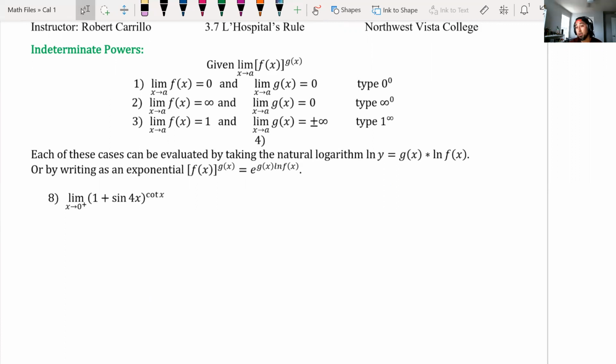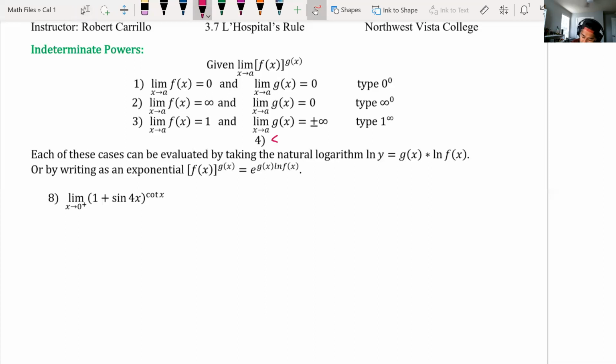And 3, if f of x is 1 and g of x is plus or minus infinity, then 1 to the infinite power is also an indeterminate power. There is no 4, even though I typed a 4.